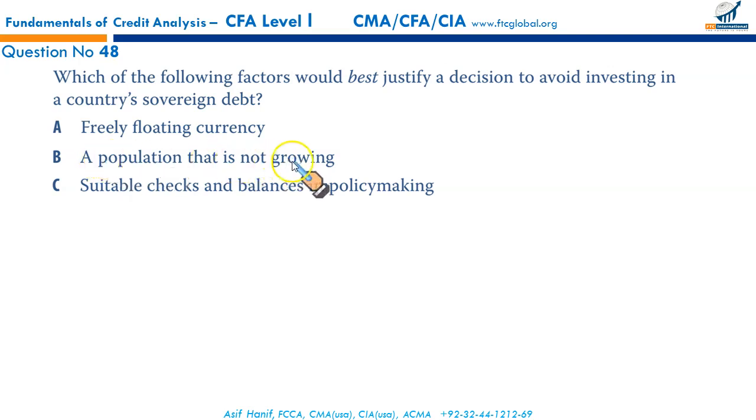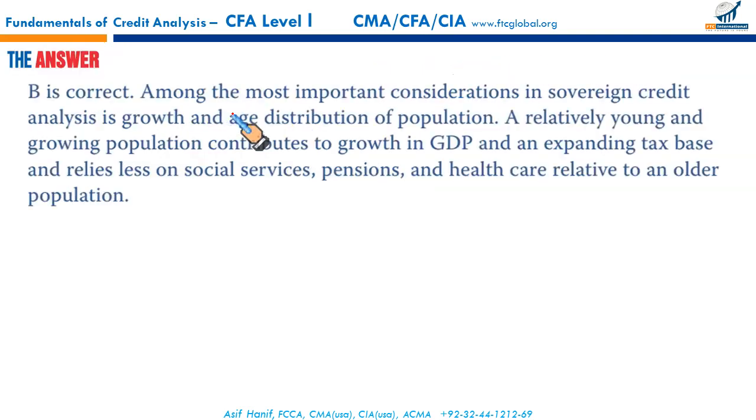But if the population is not growing, it is a right decision to avoid investing in this country's sovereign debt. So that makes B the correct option, and it ends our EOCs.